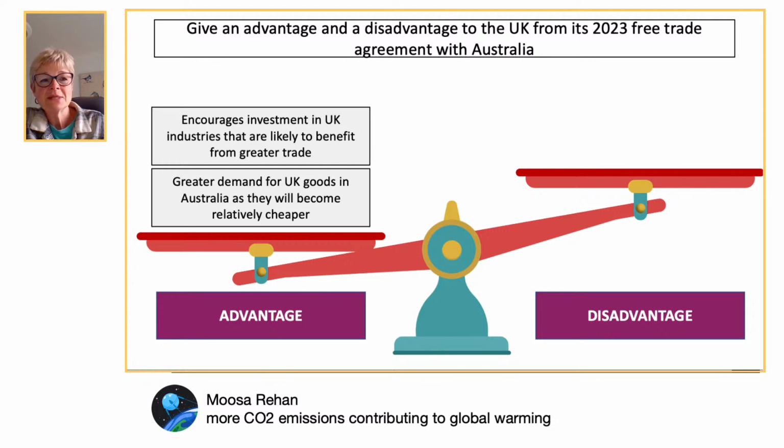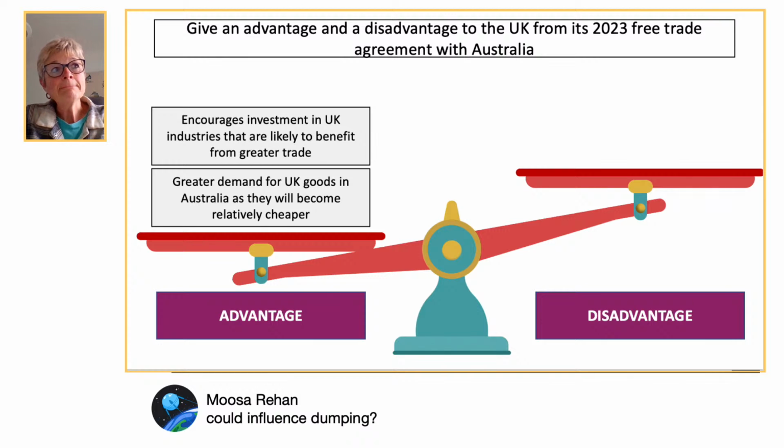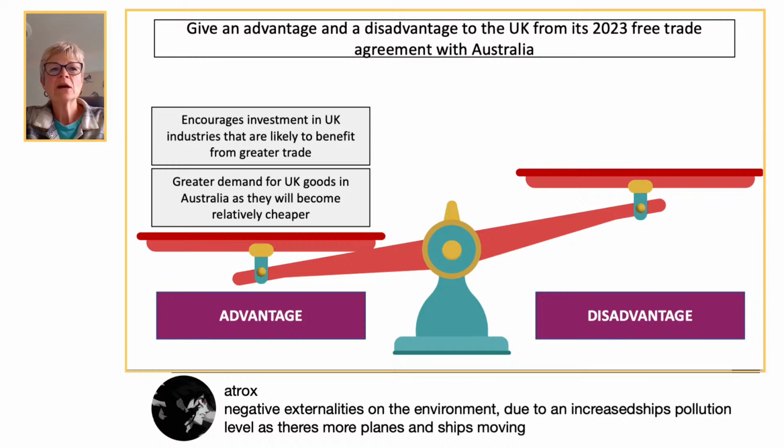So you're right. Yes, our domestic firms have now got more competition from Australia. Musa says it could influence dumping. It might do. Remember, dumping is where a country has excess stocks of something and it goes and dumps those excess stocks on a particular country. It could be that Australia might have excess stocks of something and dump it in our country.